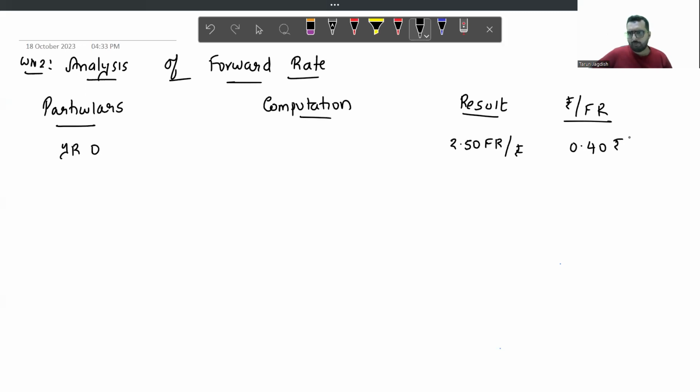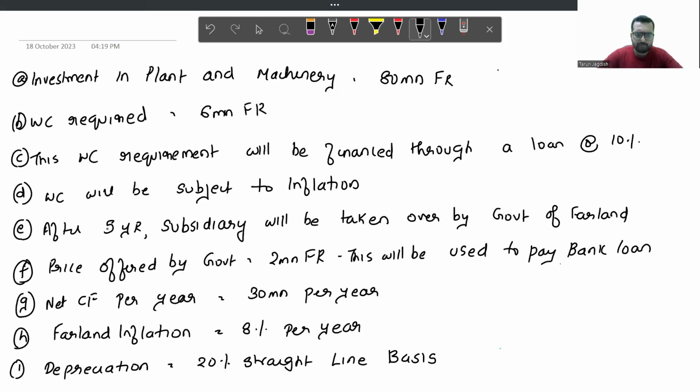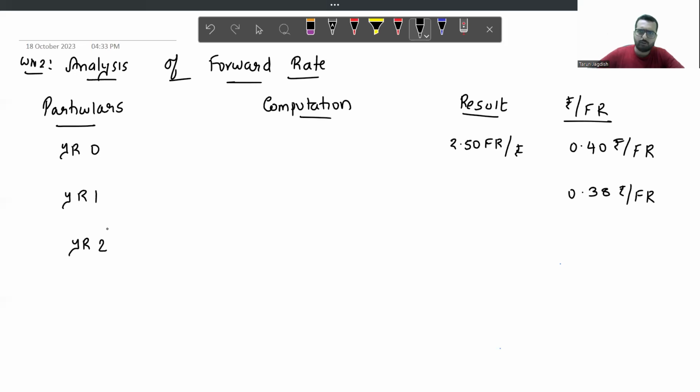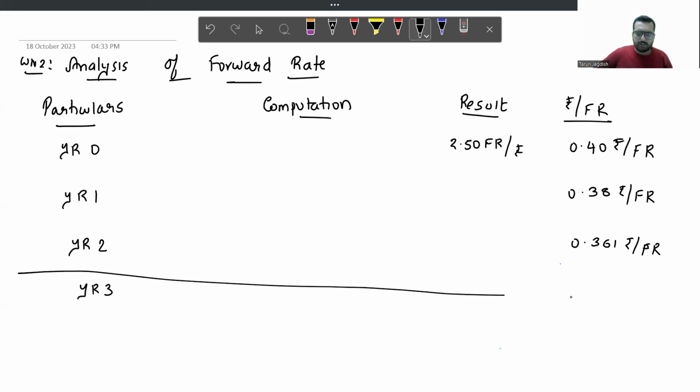Do you get 0.40 rupee per FR? Now, FR is depreciating by 5%. So what is 0.4 minus 5%? You will get 0.38 rupees per FR. What is the life they have given in this question? 5 years. So I have to do it for 5 years. Again, minus 5% will get 0.361. Year 3, hold on. I think I should draw lines. Not like this, I should draw neat lines.